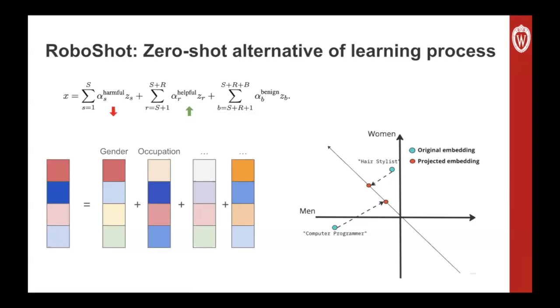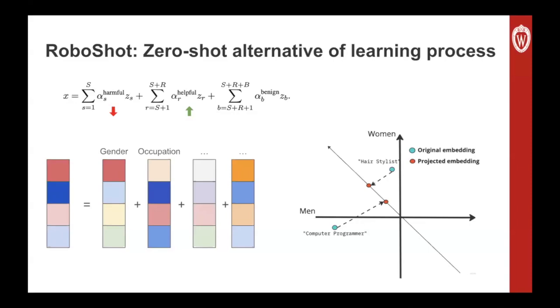Again, we are going to modify the model behavior in the embedding space, once we get the embedding of the text that we get from ChatGPT. So we borrow techniques from this literature called embedding debiasing, where the goal is, given a word embedding, to remove certain concepts from it.